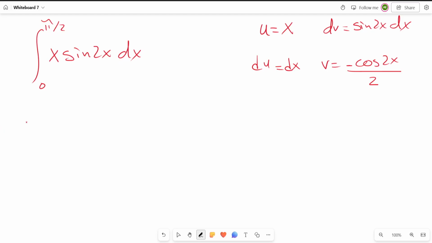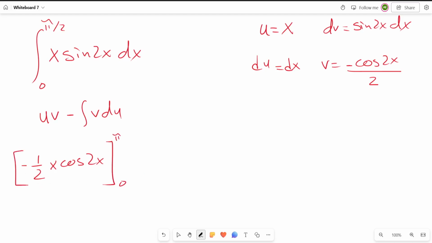And now I can use the formula that says that my integration by parts is going to equal uv minus integration of v du. So over here, what I need to do is multiply u times v. So it's going to be, let's take the minus half outside. So minus half x cosine 2x, and this is evaluated from 0 to pi over 2, okay, and then subtracting integration from 0 to pi over 2 of v du.